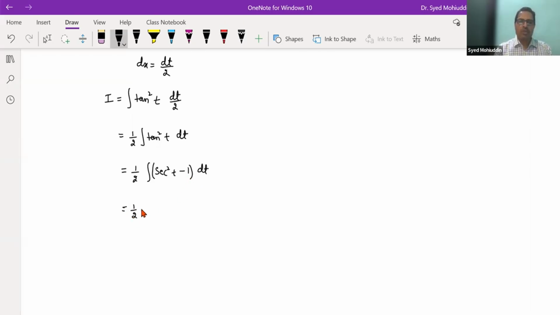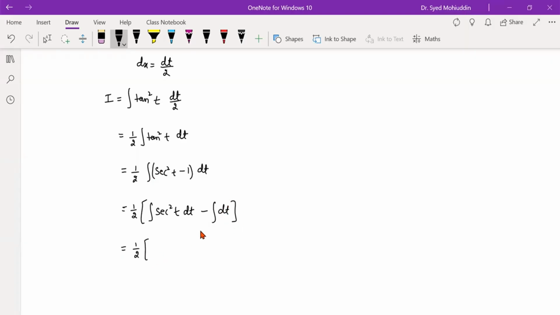It is half times, so apply the integral for the first term: the integral of secant square t dt, minus, again applying the integral for the second term, the integral of 1 times dt. Now you can integrate. What is the integral of secant square t? Tan t over here.